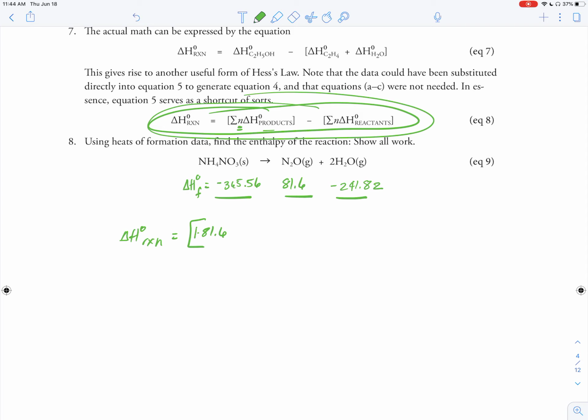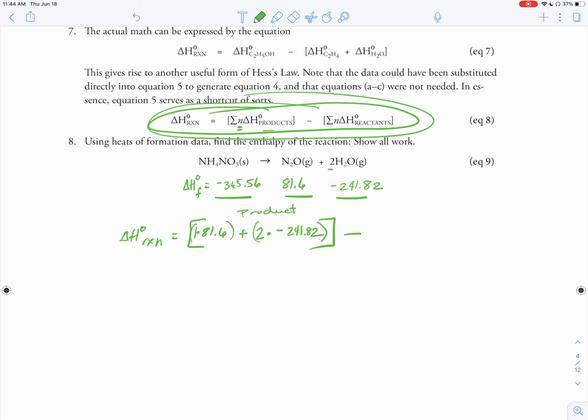So I can multiply it if I want to, or you could just assume that you know 1 times the number is that number. And then you're going to add that to the second product, and the coefficient here is 2. So it's 2 times negative 241.82, and that's your product side.